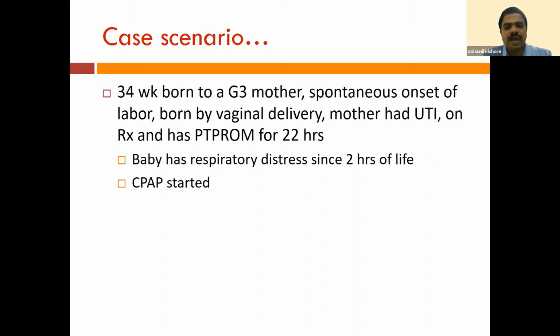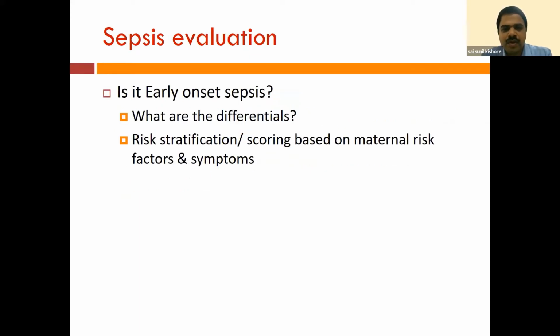After birth, this baby developed respiratory distress at 2 hours of life, and we started this baby on CPAP. Last month we had a beautiful discussion on respiratory distress as well as supportive care, CPAP, and initiation of ventilation. So now here, is it early onset sepsis, and what are the differential diagnoses?